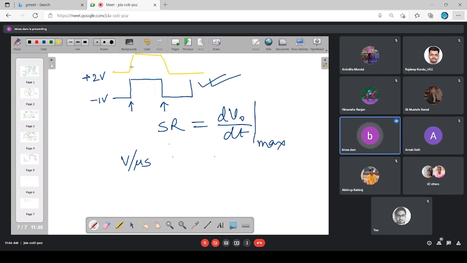So this rate will be 2 volt per microsecond, and here it will be minus 2 volt per microsecond. This slope and this slope cannot be plus infinite and minus infinite. This slope will be governed by the slew rate of that particular device.